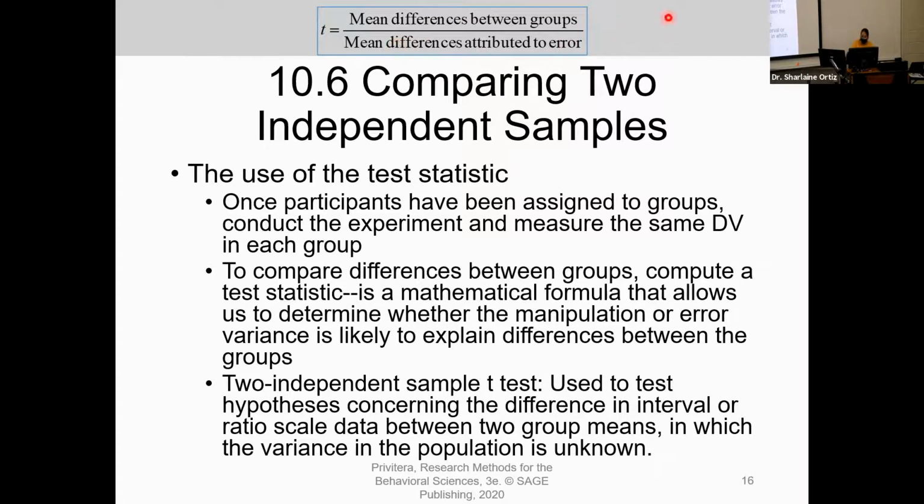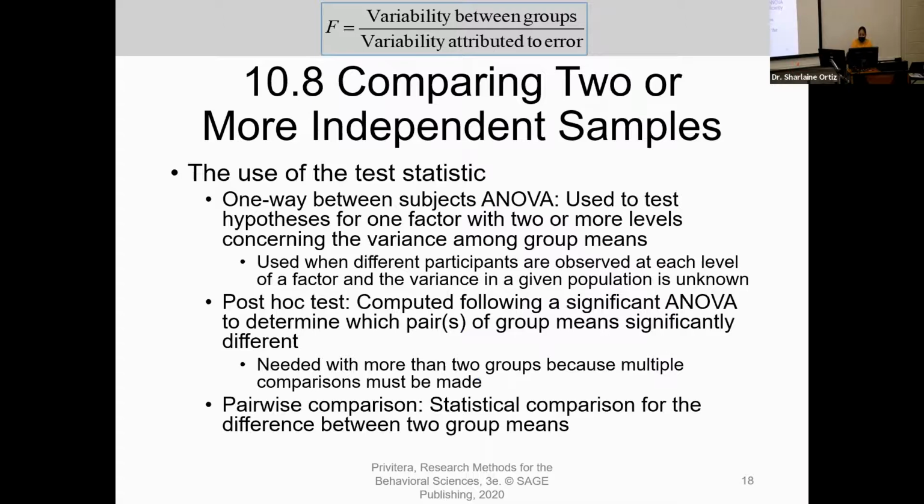Therefore, I can ascertain that yes, it is in fact an attribution of my manipulation, of my intervention, and not because of individual differences. Conversely, the larger this number is, the less likely I am to ascertain that it was indeed my manipulation of that independent variable. Any questions about that?